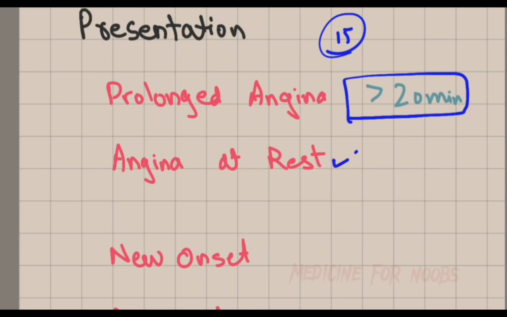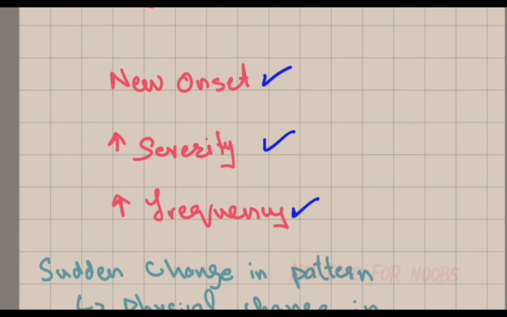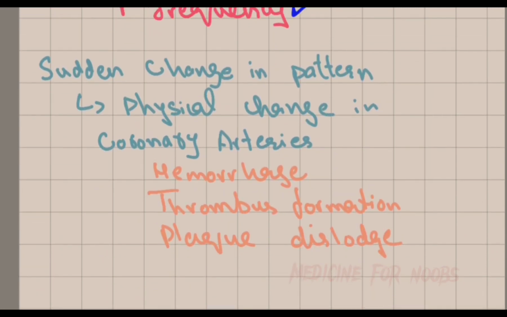If you want to see whether a person having chest pain has unstable angina or stable angina, you can see from some of these factors that new onset angina is mostly unstable angina, with increased severity and frequency. Also, a sudden change in the pattern of the angina is suggestive of physical changes in the coronary arteries such as hemorrhage, thrombus formation, or plaque dislodgement.